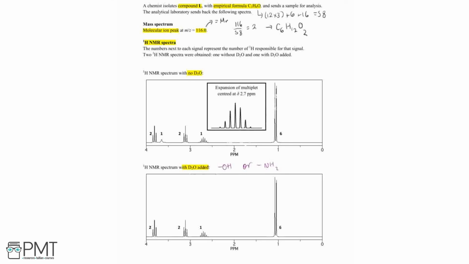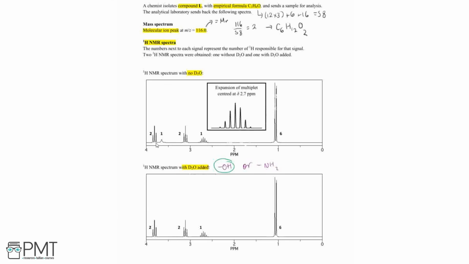So thinking about our compound specifically, we had our molecular formula C6H12O2, so we're only really thinking about the potential of an alcohol group in this compound. And what we can see is if we compare our two spectra, we've got 5 peaks when we've got no D2O, and when we've added our D2O, one of our peaks has disappeared.